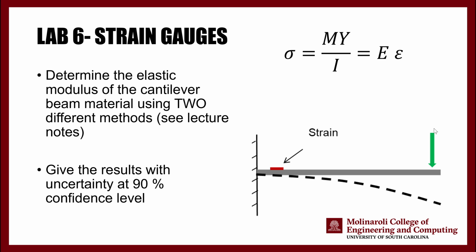And then we have a dial that is going to help us create a load at the free end of the beam, and that load is going to create a moment here. That moment is going to cause a strain.